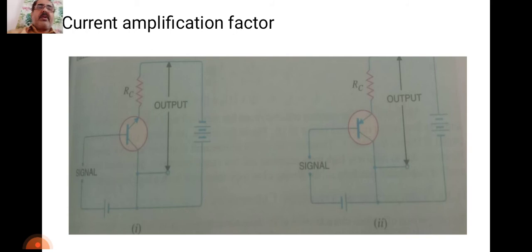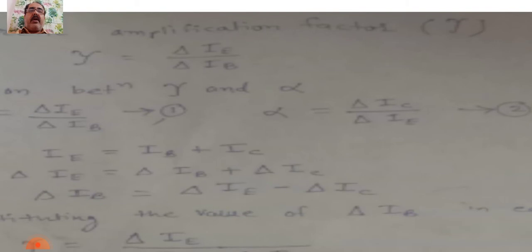So we have to consider the current amplification factor here. The current amplification factor is equal to delta IE upon delta IB. And what is the relation between amplification factor and alpha here?